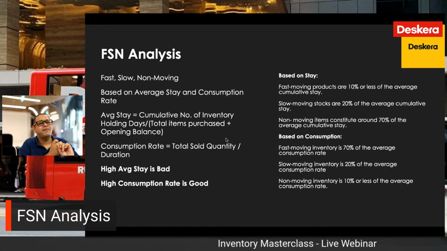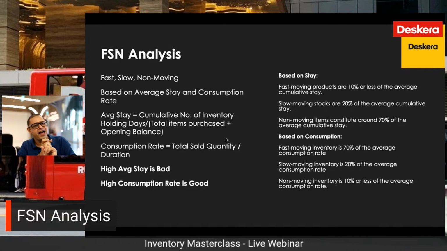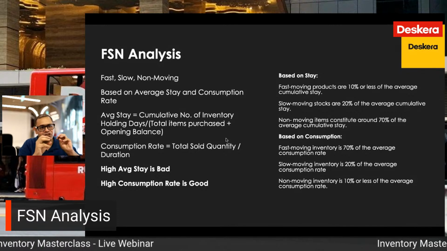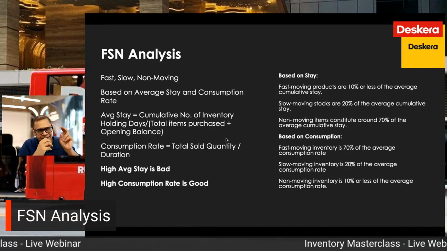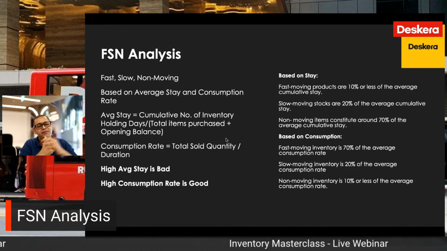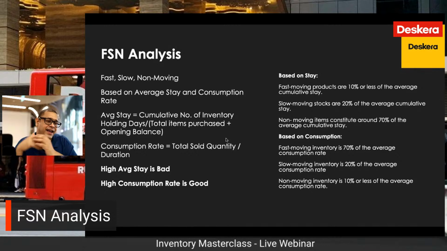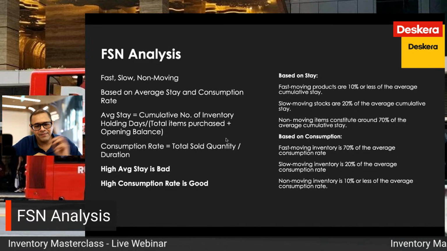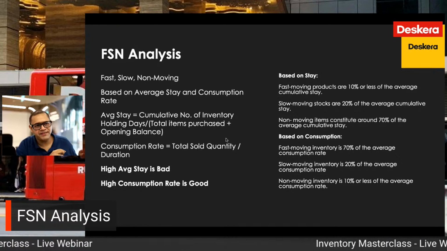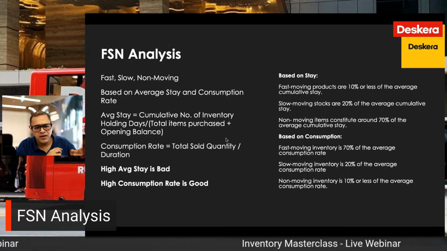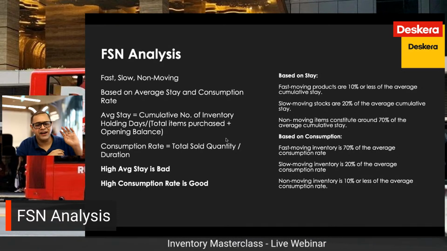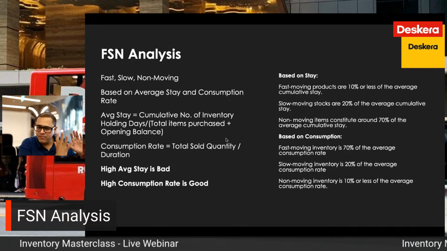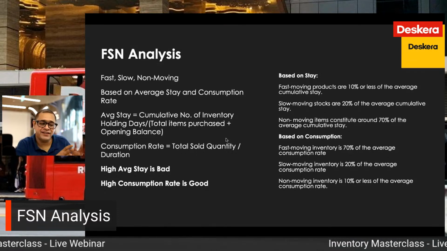So let's say that my average is 10 days and I have products that have got the average stay of less than 3 days. Then those products will be classified as fast products against my total average for all the products. Similarly, for the next 20%, you can classify them as slow. And for the other 70%, you can classify them as non-moving. And that is one table that you would create based on the average stay numbers.